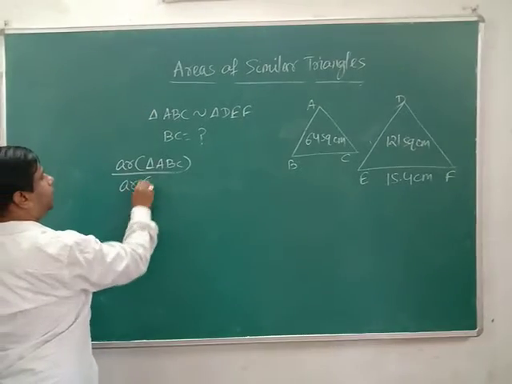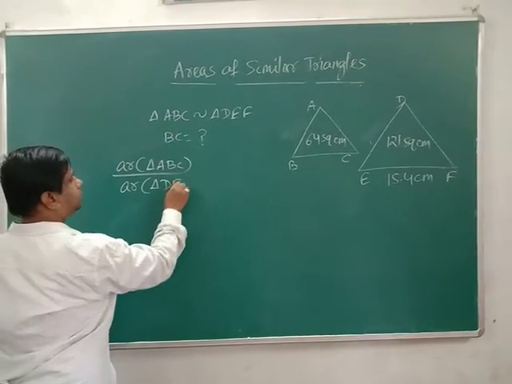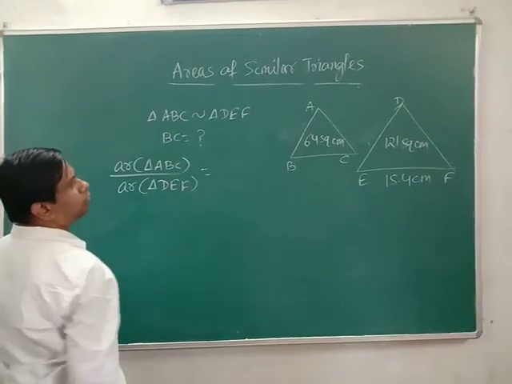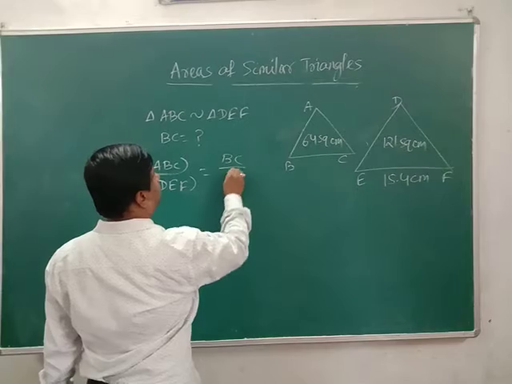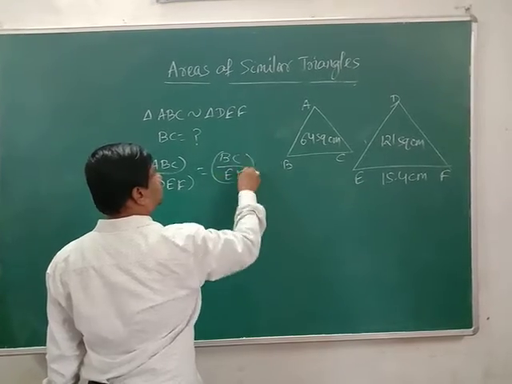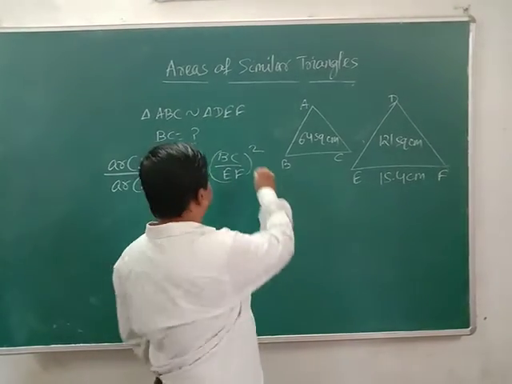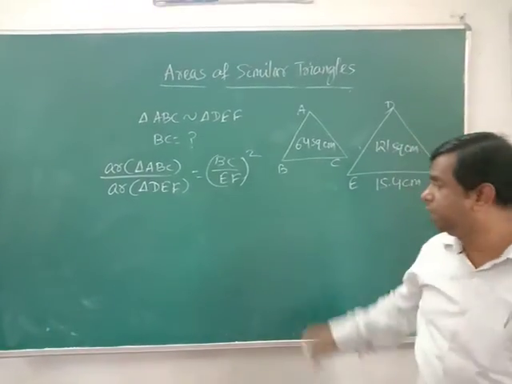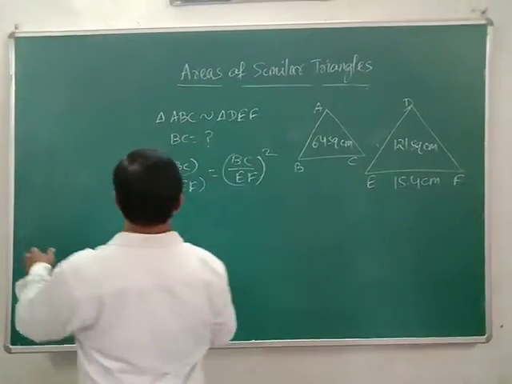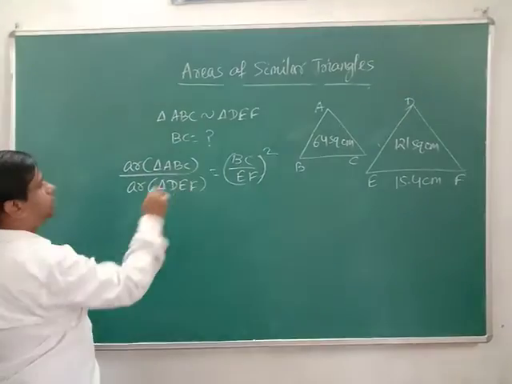by area of triangle DEF is equal to BC by EF whole square. So when area is given, you take the square root of the area. For example, what is the area of ABC? 64.